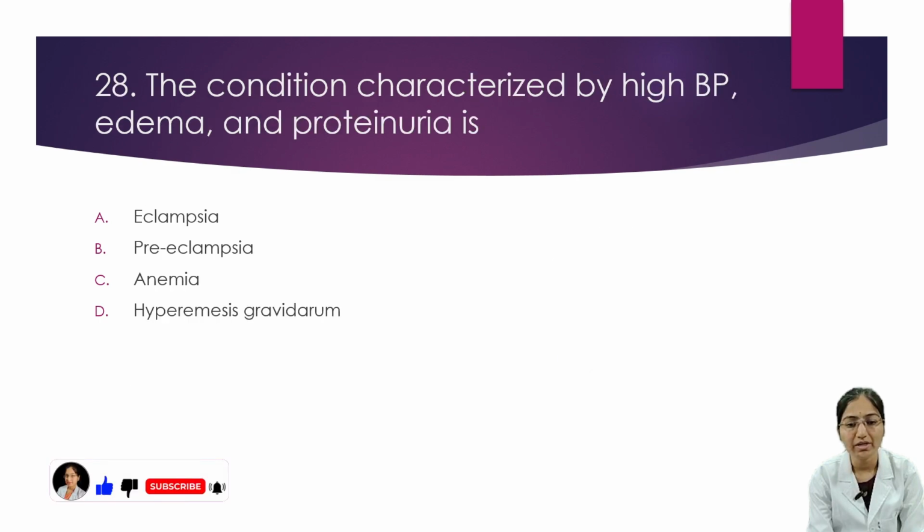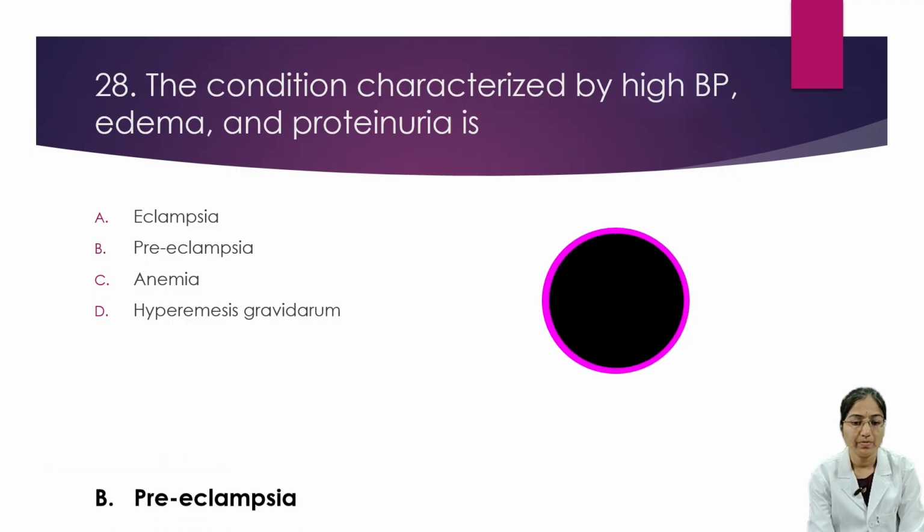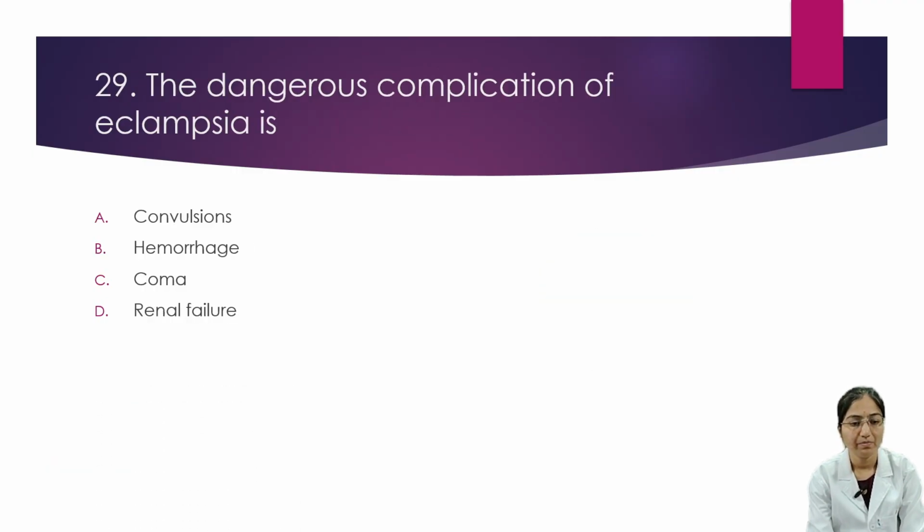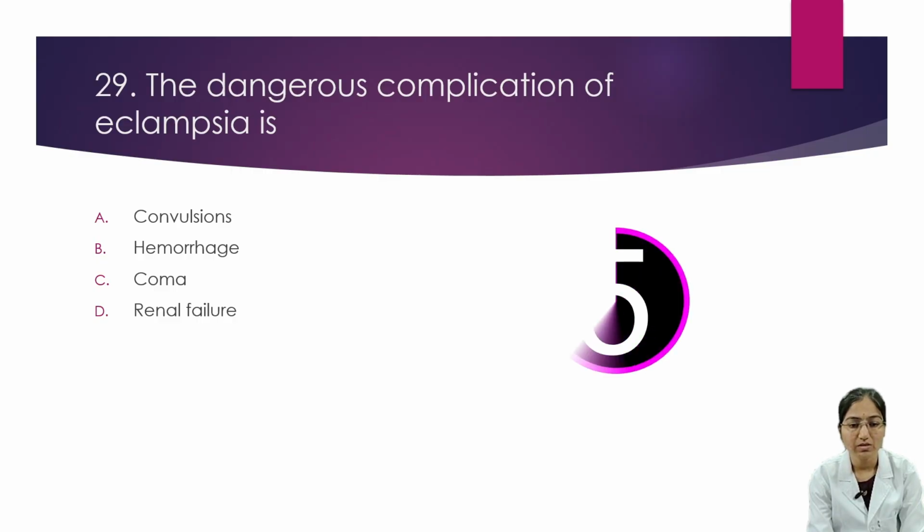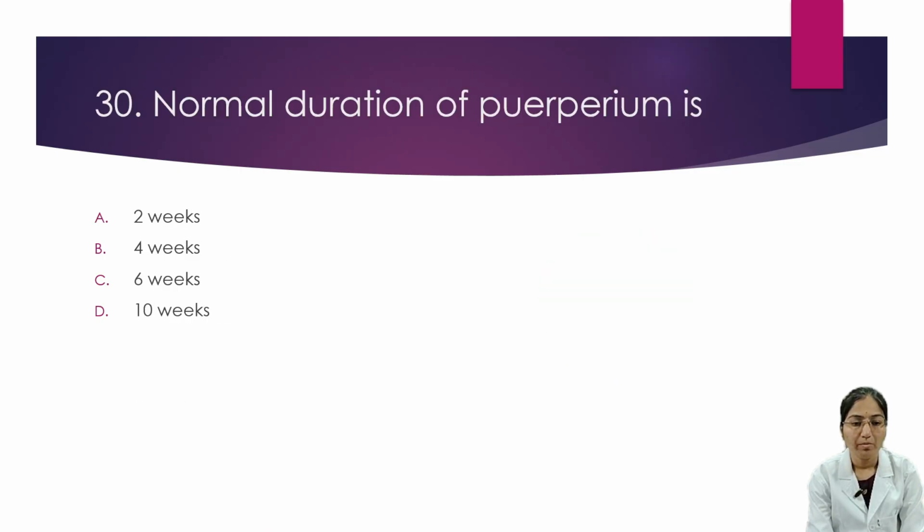The condition characterized by high BP, edema and proteinuria is preeclampsia. The dangerous complication of eclampsia is coma.